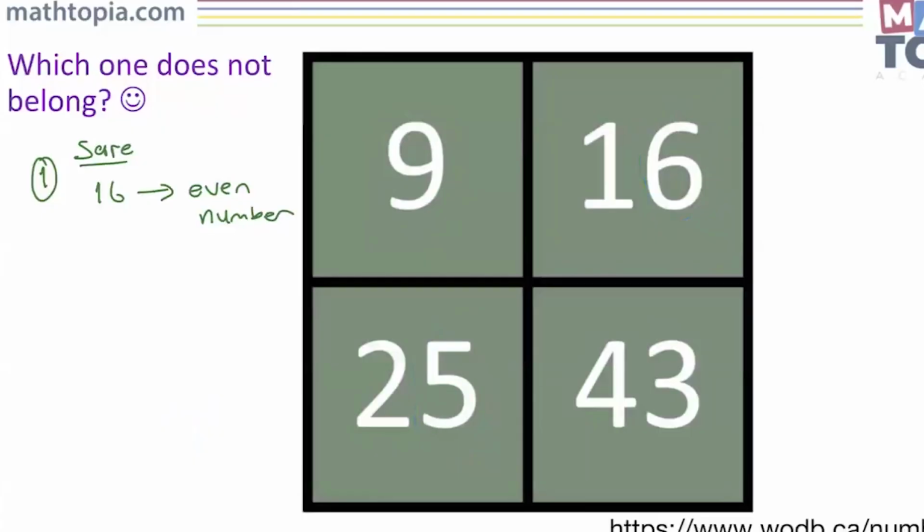Namık, what do you think? Which one doesn't belong? I don't know, but it might be 16. 16? Why? Does it make sense? Let's think, we can find different ways. I am seeing that 9 doesn't belong.